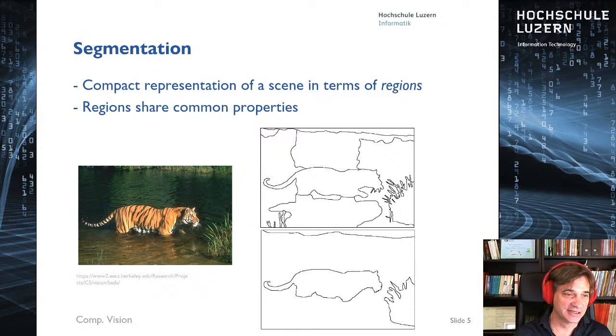Another person looked a little more at how the image looks, and saw that the water is not uniform. Part of it is a reflection, which is lighter, and so he segmented that differently. So it is a difficult problem, and maybe not a unique solution. But the idea is to find regions that share some common properties.